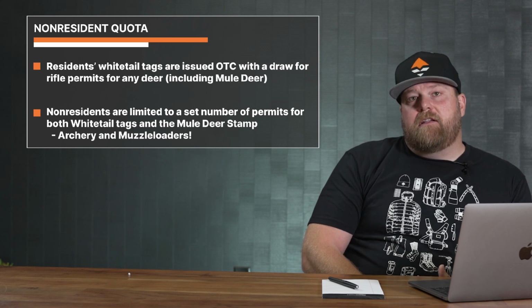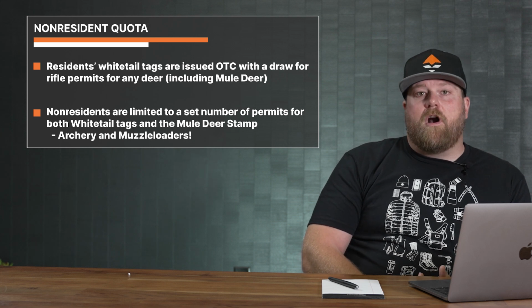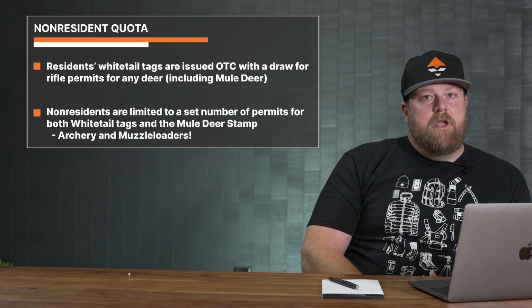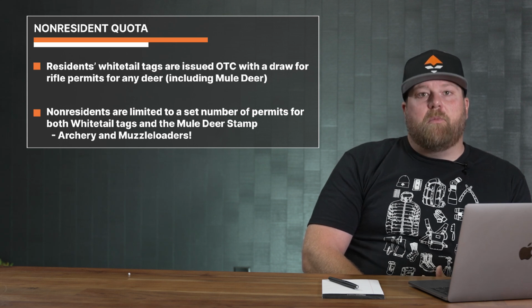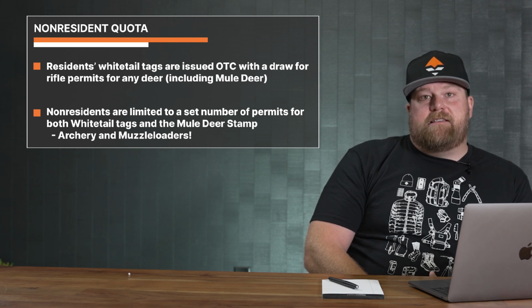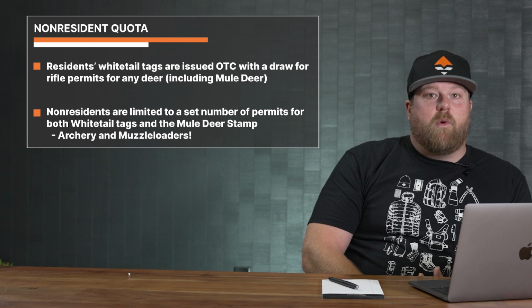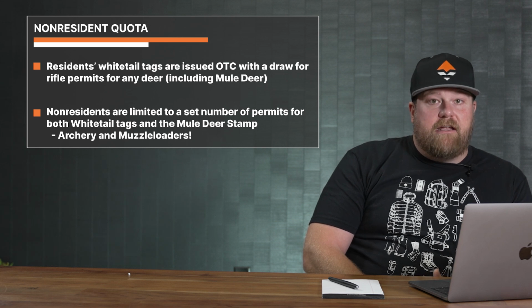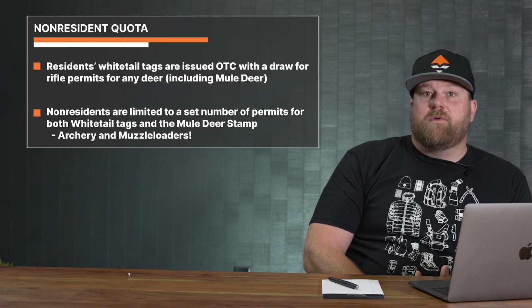To note, the non-residents are going to be applying for archery and muzzleloader permits, so there isn't a rifle permit. You're applying for those archery or muzzleloader tags, and then the mule deer stamp follows that same weapon type. So if you draw the archery whitetail tag and the mule deer stamp, you've got an archery mule deer tag, if you will. Those are some of the common questions we get in Kansas.